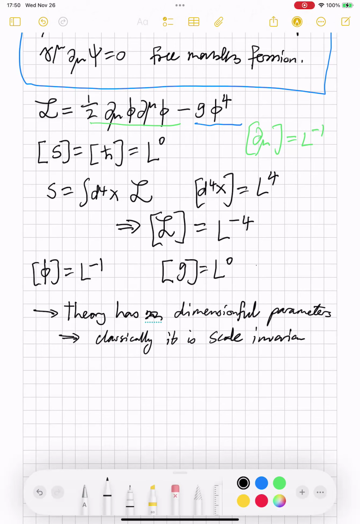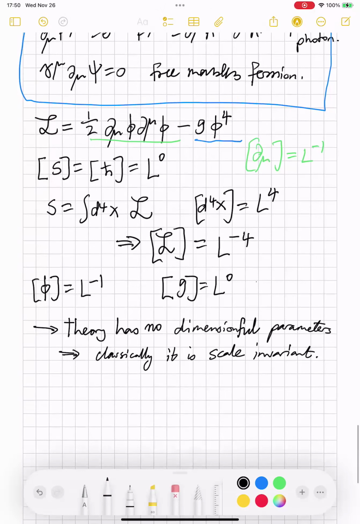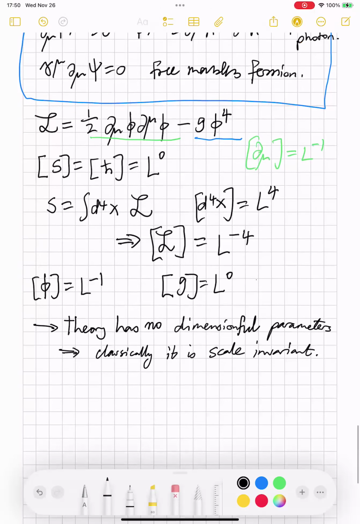Okay, so the theory has no dimensionful parameters, so classically, it is indeed scale invariant. Good. So we seem to have an example that at least classically is scale invariant.